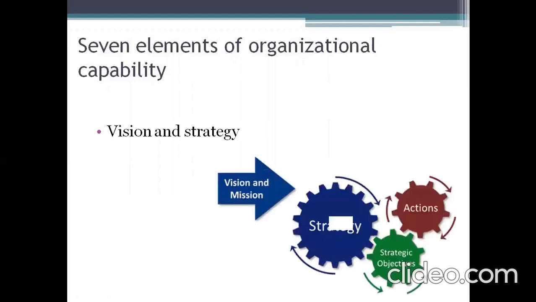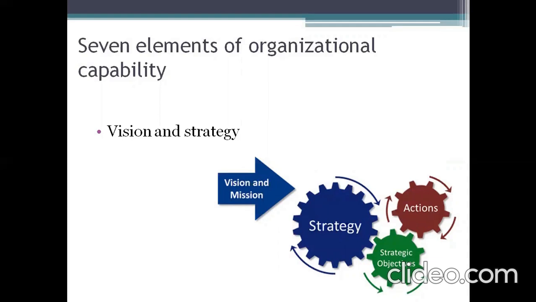The first element among the 7 elements of organizational capability, or the creation of organizational capability, is that we need to have a wonderful vision and strategy. Before going for any individual action within the firm, or commercializing the process of offering products and services to the market at large, we need to have a focus on the goal, the objective for which we are all working.